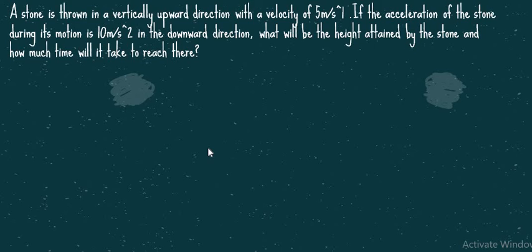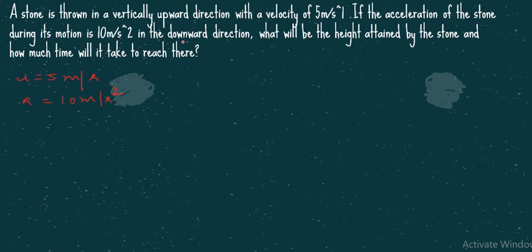Next, a stone is thrown in a vertically upward direction with a velocity of 5 meter per second. So the initial velocity they have given as 5 meter per second. The acceleration of the stone during its motion is 10 meter per second square in the downward direction.